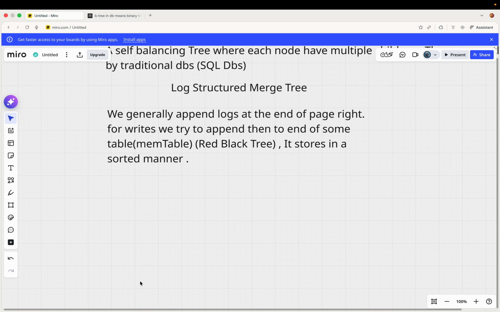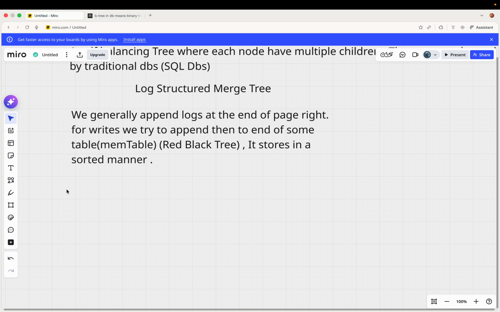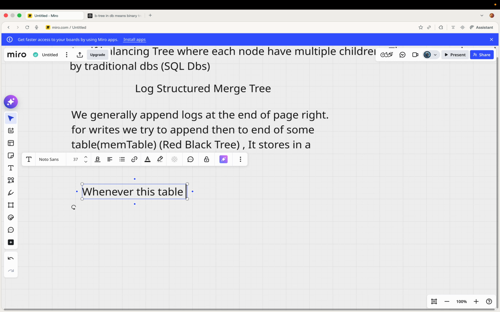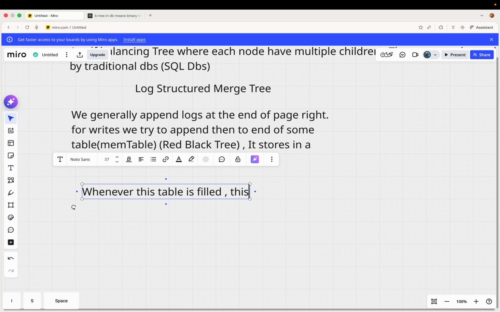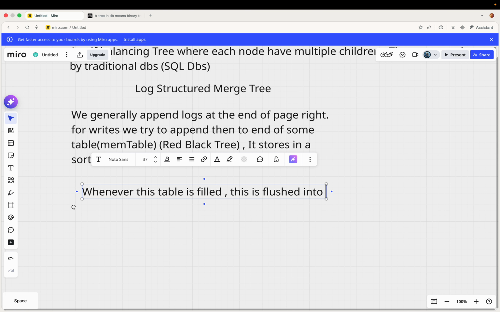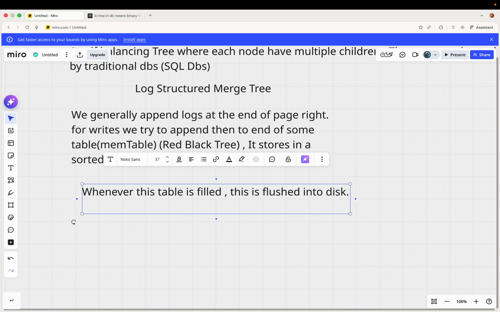So whatever you add there, it stores in a sorted manner, and whenever this table is filled, it is flushed into disk, and from now on that will be called SS tables.